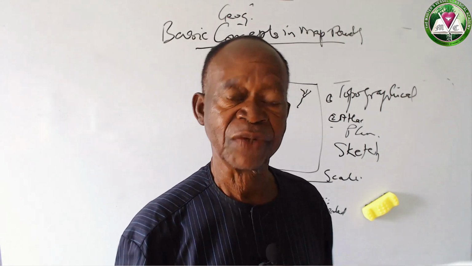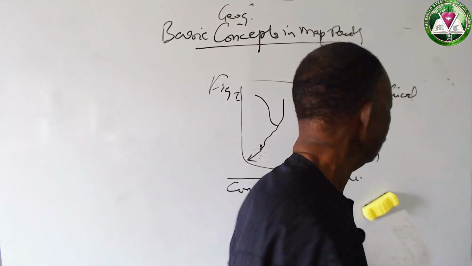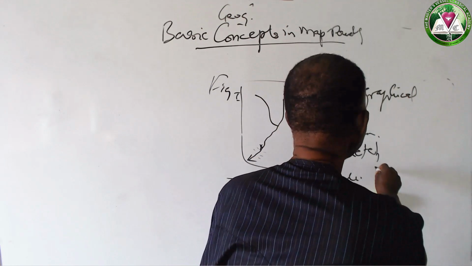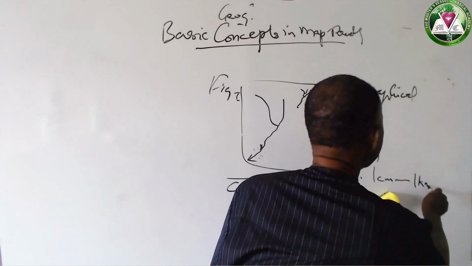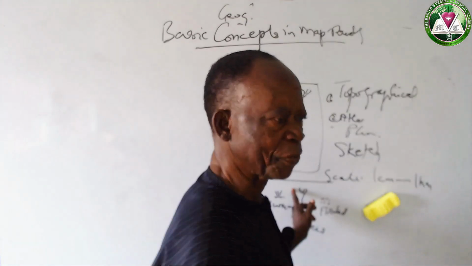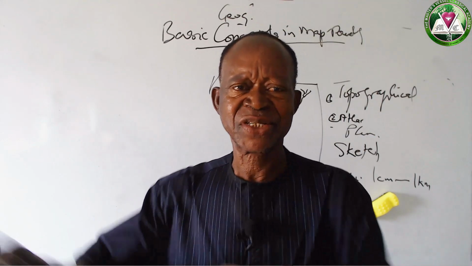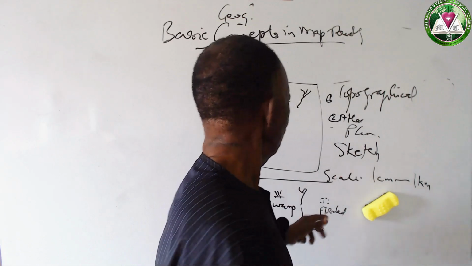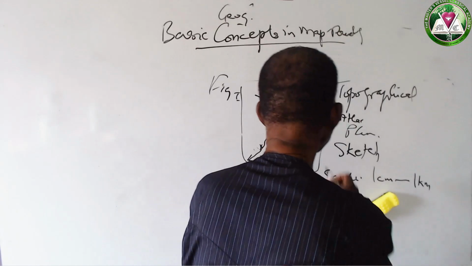Let us take, for example, a simple statement as a scale. We may say, let 1 cm represent 1 km. That means for every 1 cm I see in this map, when we go to the actual land from where this has been derived, every 1 cm I get here, I regard it as 1 kilometer.